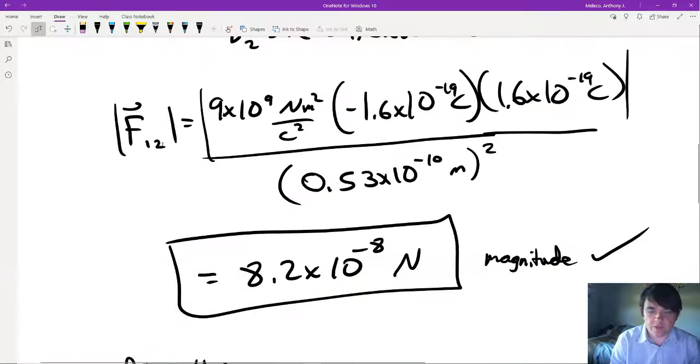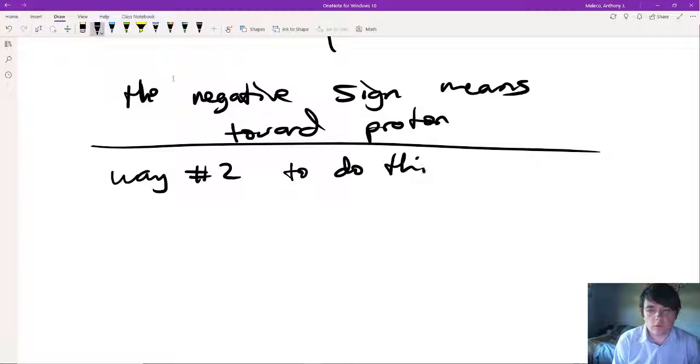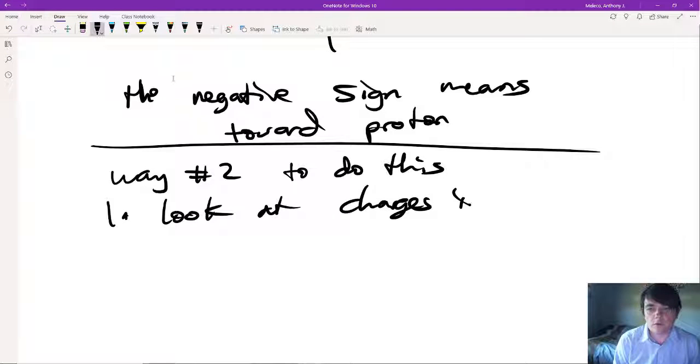But there's an easier way to do this sort of thing, and this is why I like to do it this second way. So way number 2 to do this. Step 1, look at the charges involved. Okay, and there's 3 possibilities.